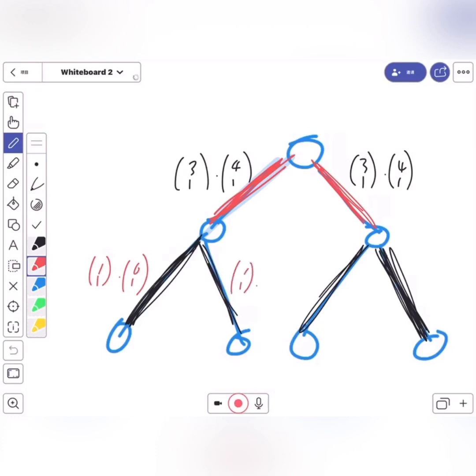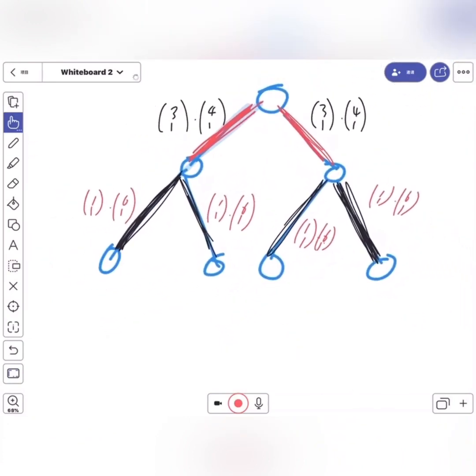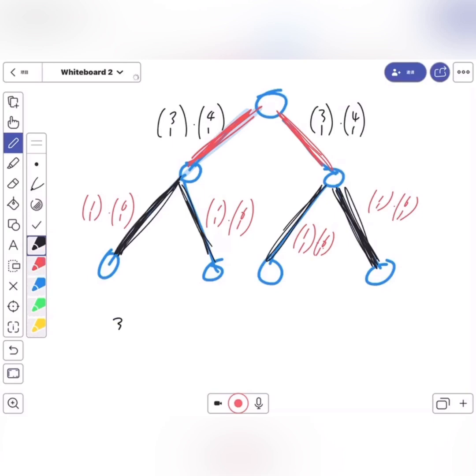And same as this. So we just add them up to see what we get. Now this one gives us 48.